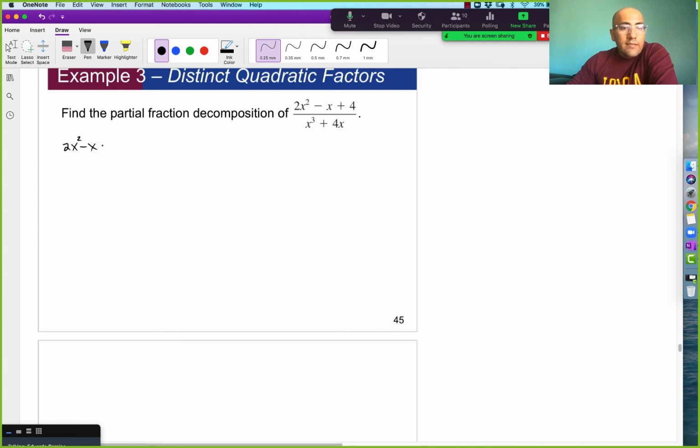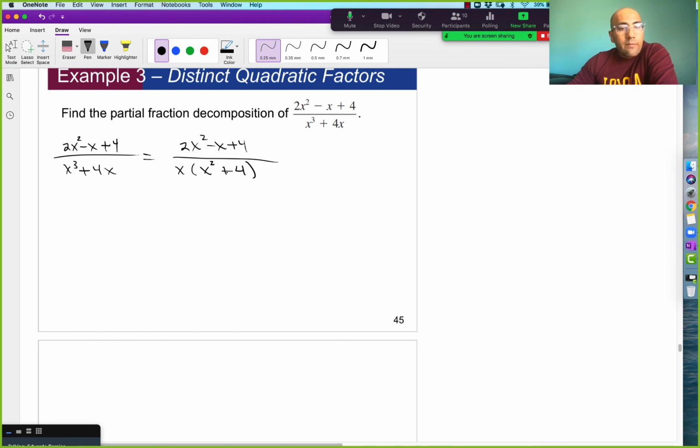2x squared minus x plus 4 all over x cubed plus 4x equals 2x squared minus x plus 4, and I'll factor out an x, and that'll give me an x squared plus 4. And we know that that does not factor any further.